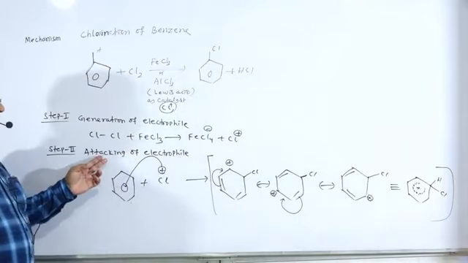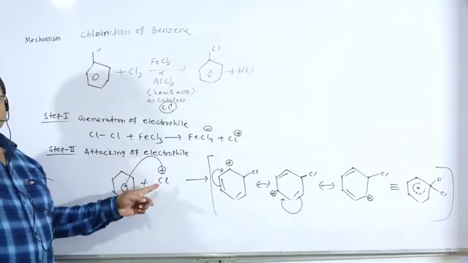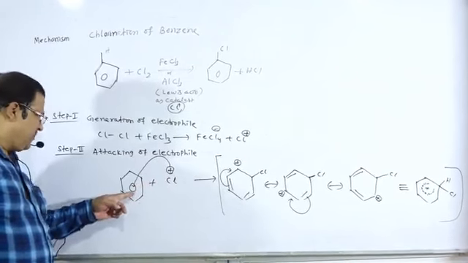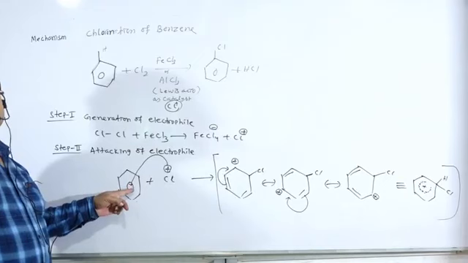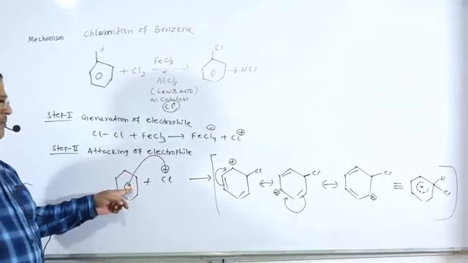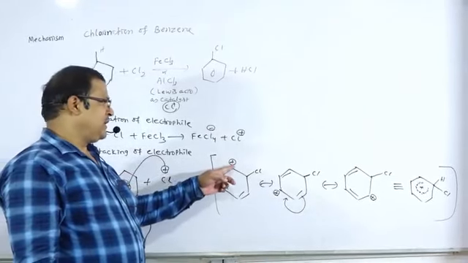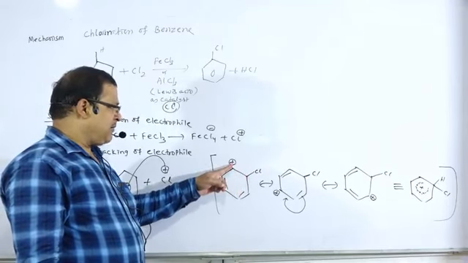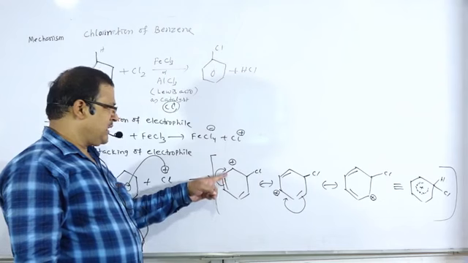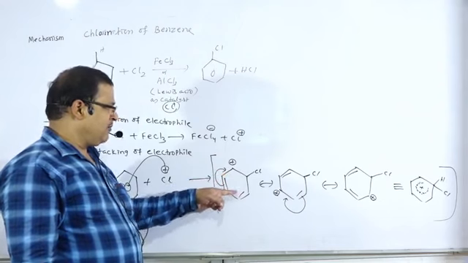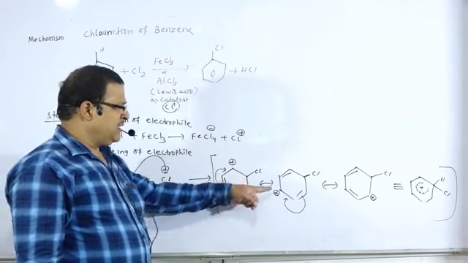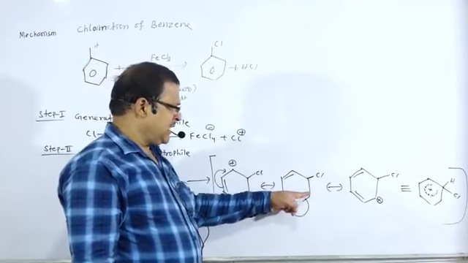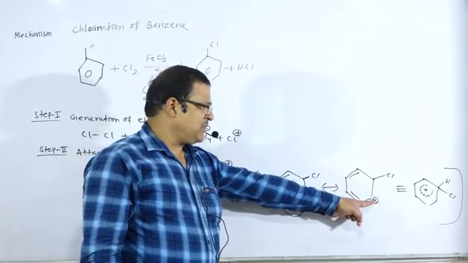Cl plus will attack the benzene ring because the ring is a rich source of electrons. So a positively charged species is produced, and this is stabilized by resonance because there is conjugation, single bond, double, single, double. So this bond will be shifted to this side. This carbon atom becomes positively charged. Again this bond will be shifted to the side, and this carbon atom becomes positively charged.